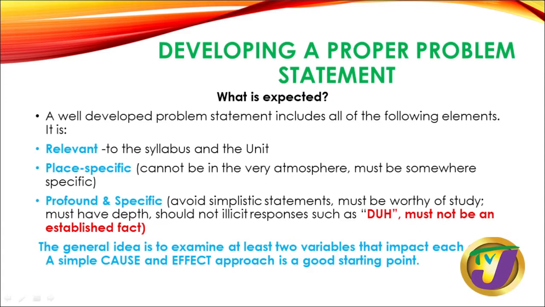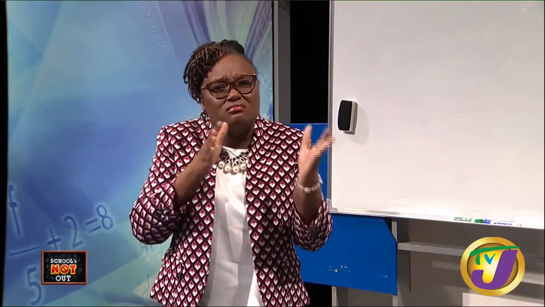Now, the general idea with the problem statement, let's go back to that a little bit, is that one, you should seek to look at two different variables, right? And then have a look at how these variables are impacting on each other. So you want to look at a kind of cause and effect kind of scenario. And you don't have to say cause, or how does poverty cause that? No, you don't need to say it like that, but it should have that cause and effect kind of thing going on, right?